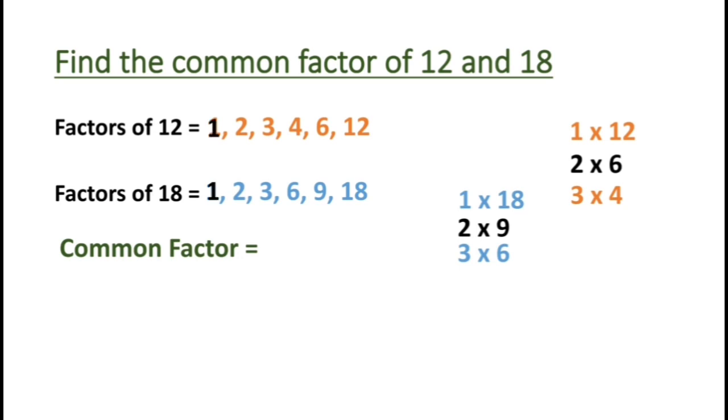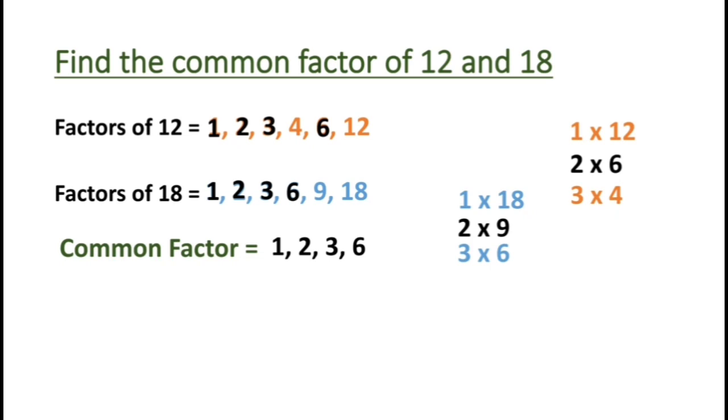Number 1 is common, 2 is common, 3 is common, 6 is common. After that, we don't have any common factor between 12 and 18. So let us just copy these numbers: 1, 2, 3, 6. These are the common factors.